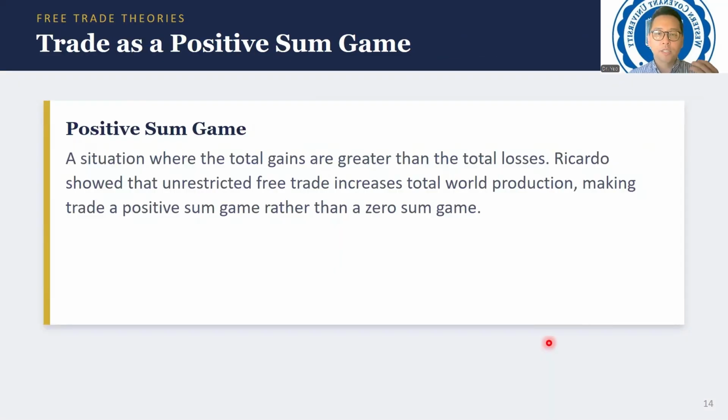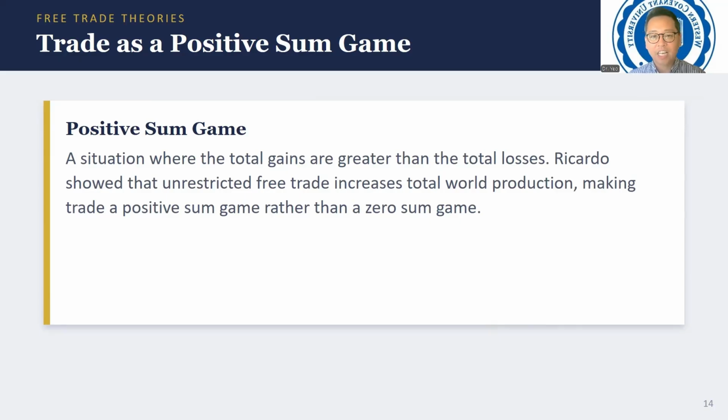So this brings us to one of the biggest conclusions in this chapter. Ricardo's theory shows that free trade is a positive-sum game, not a zero-sum game. A positive-sum game means that the total gains created are greater than the total losses. When countries specialize based on comparative advantage and then trade freely, total world production actually increases.